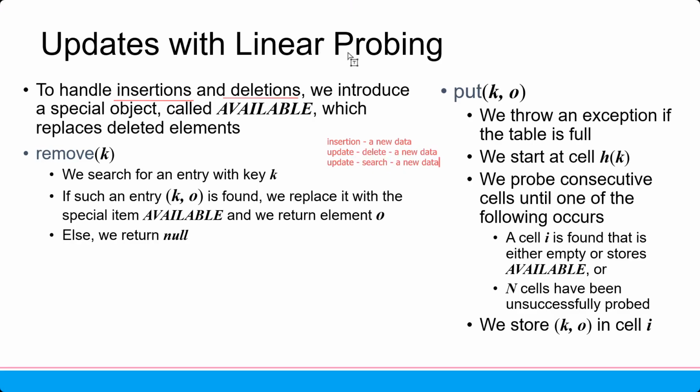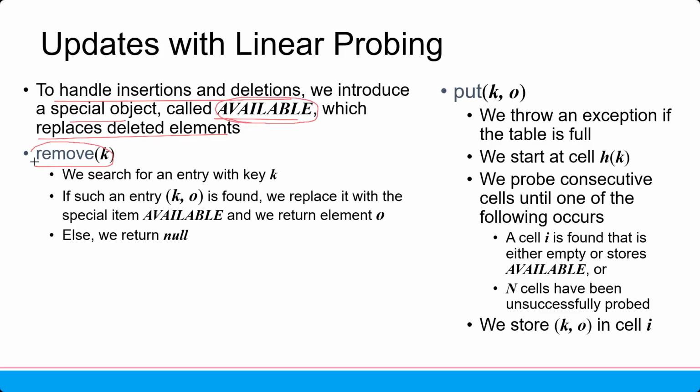So using linear probing, we want to handle insertion and deletion. There might be a special object, which we call available. Available means after I delete the element, I will mark it as available, so new data can be inserted.